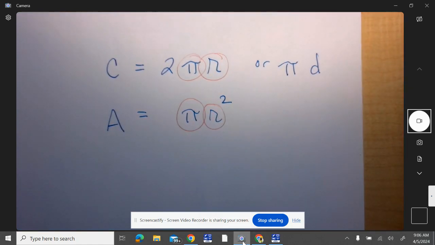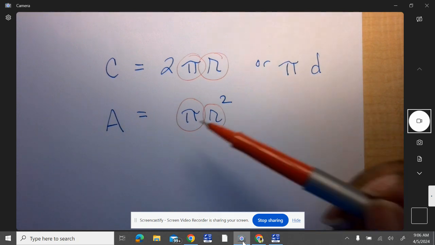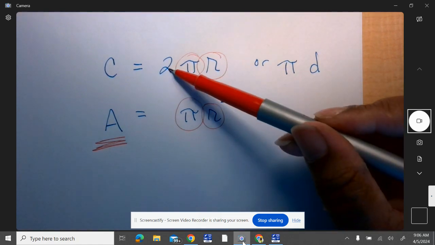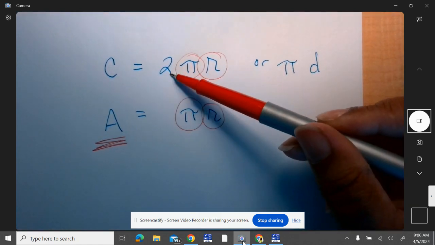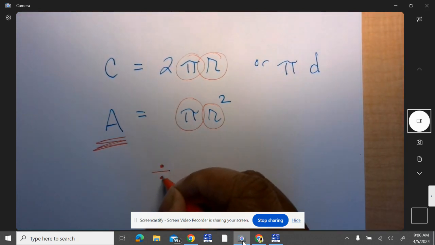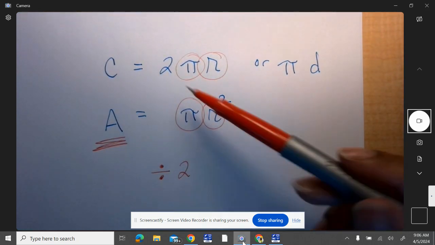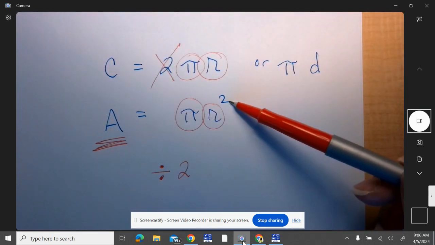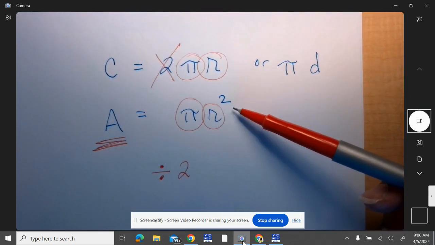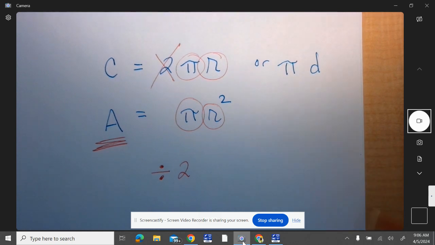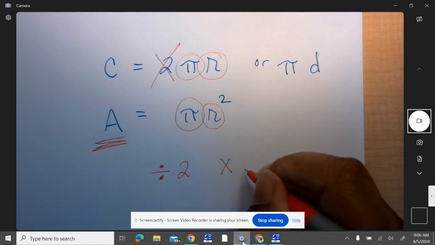So when you're comparing and you're trying to get A, you need to get rid of this 2. It's right now being multiplied. What's the opposite of multiplication? Division. So you need to divide by 2, and that gets rid of that. Then you see that you need an extra r, so you're going to need to multiply times r.